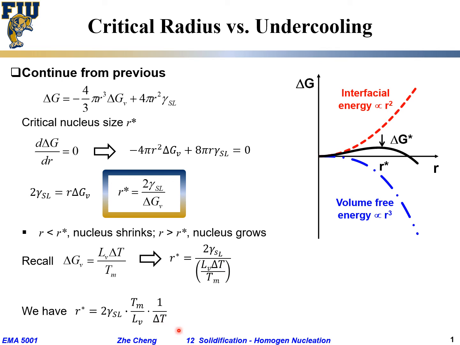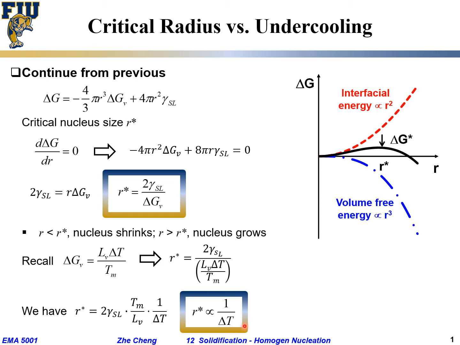What does this mean? This means the critical nucleus size, or radius r star, is inversely proportional to delta T, or proportional to the inverse of delta T. What does this mean?